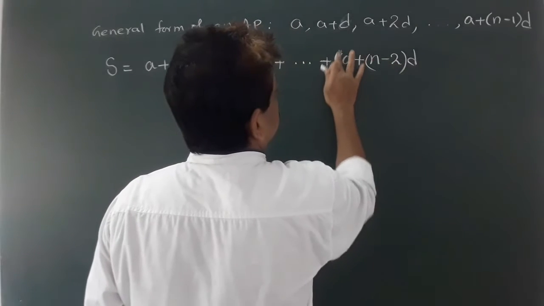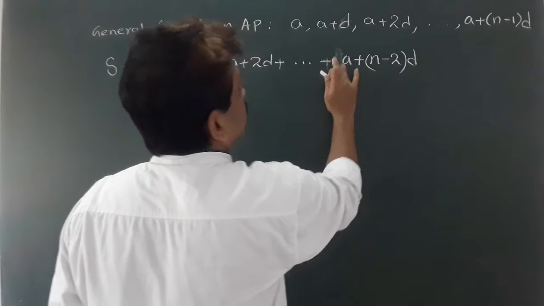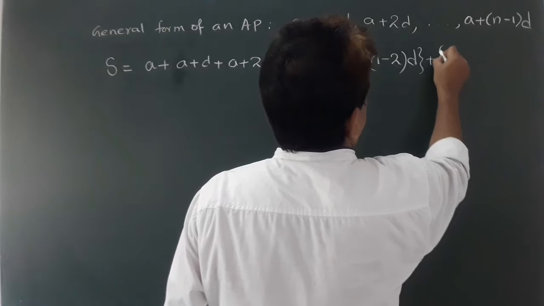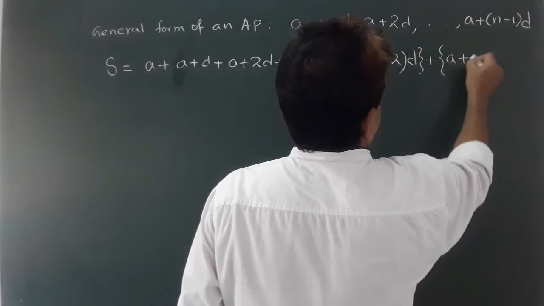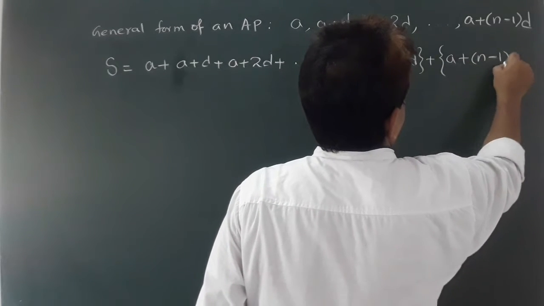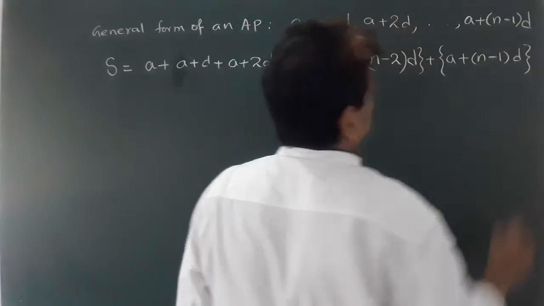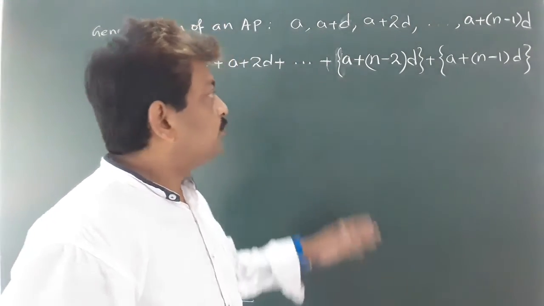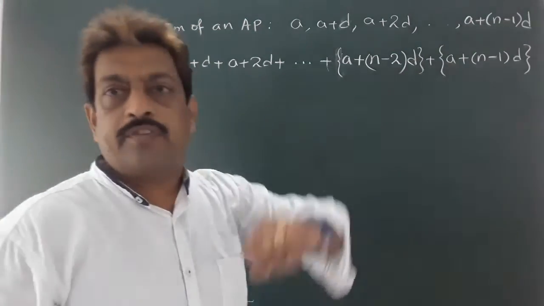This is the second last term, and then the last term a plus n minus 1 d. So if we add all these terms, then we will get the sum of n terms of an AP.